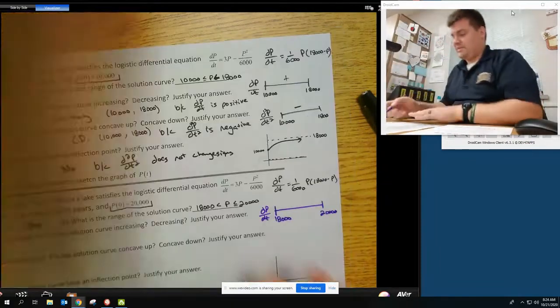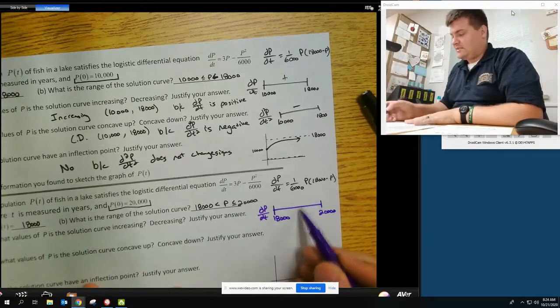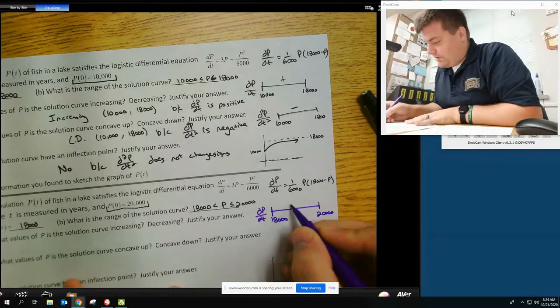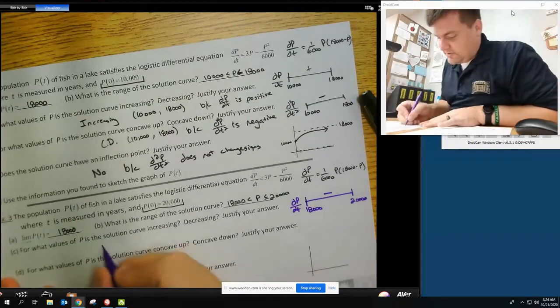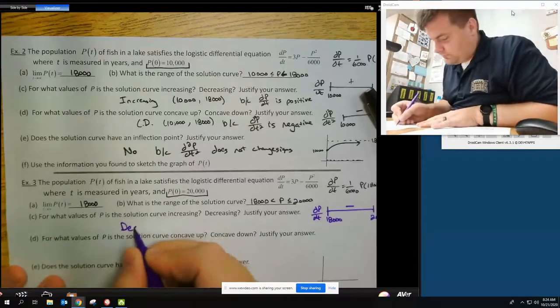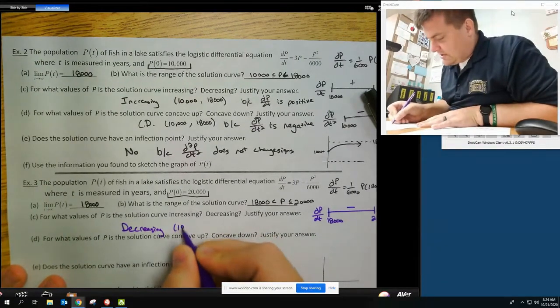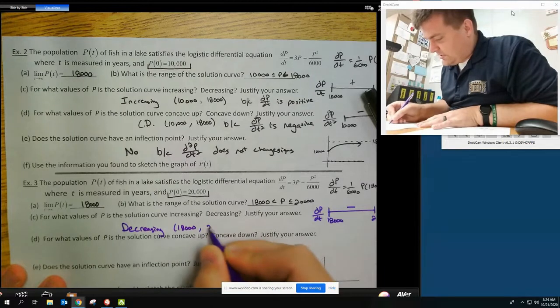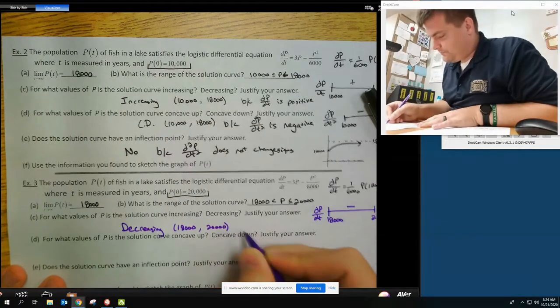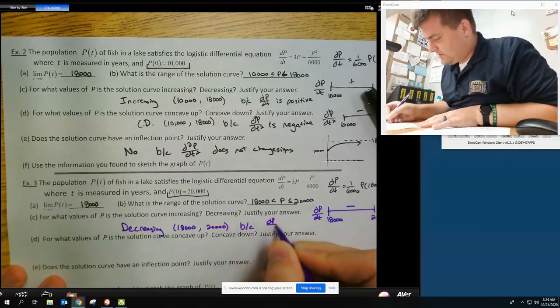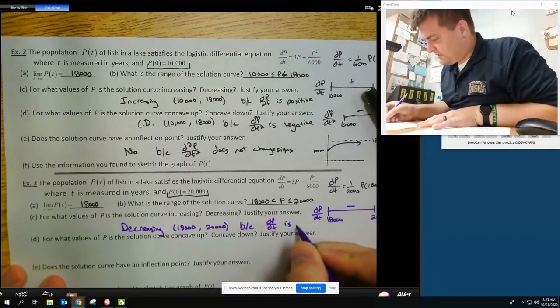So guess what happens here? Because I have a different range, if I plug in 19,000, it's going to turn into a big old negative. So in this case, I'm decreasing, and I'm decreasing from 18,000 all the way until 20,000, because the first derivative is negative.